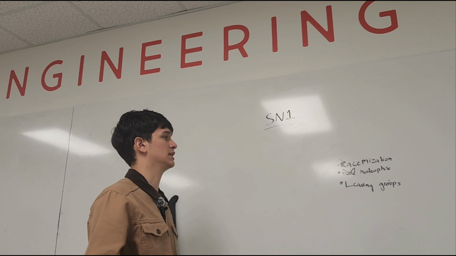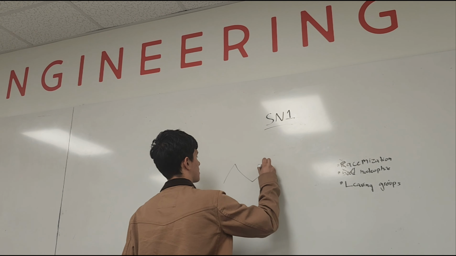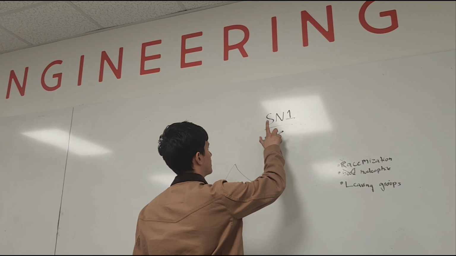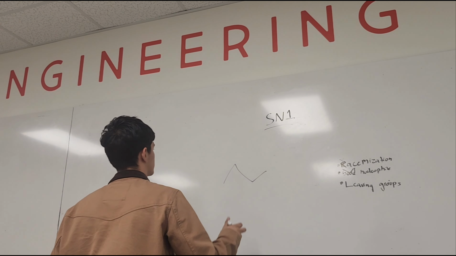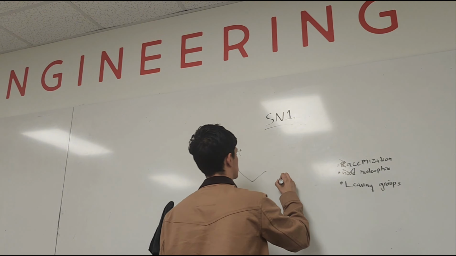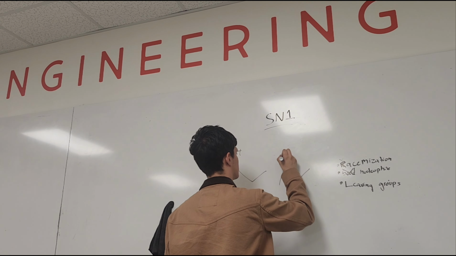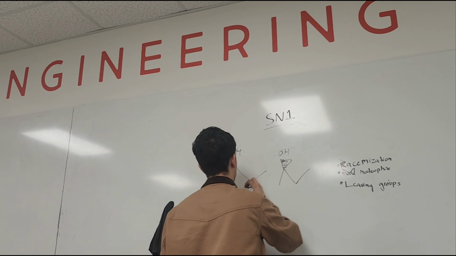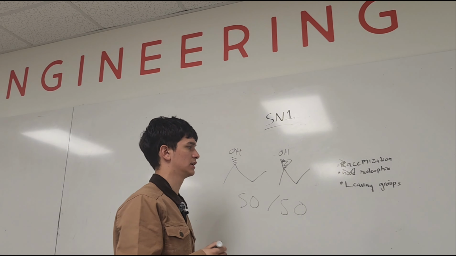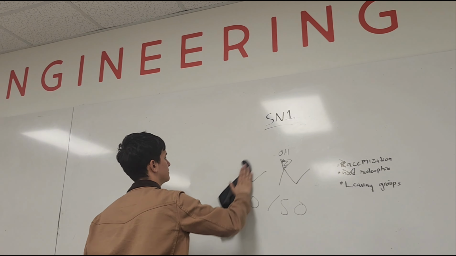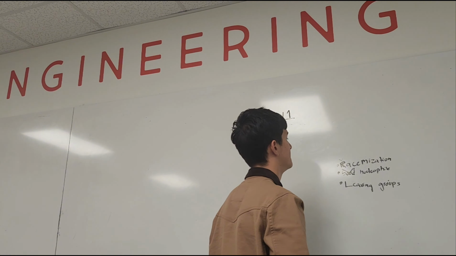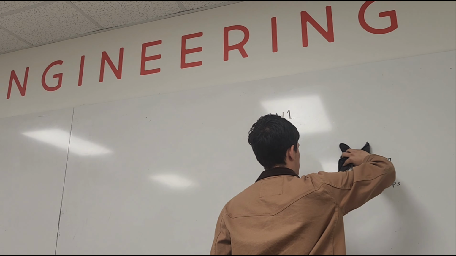So let's say bromine is there, and in nucleophilic substitution 1 it gets substituted by an alcohol. Oh wow, it got substituted by an alcohol. This happens 50/50 on SN1. It needs to be planar and meet those conditions, and that's what racemization is.